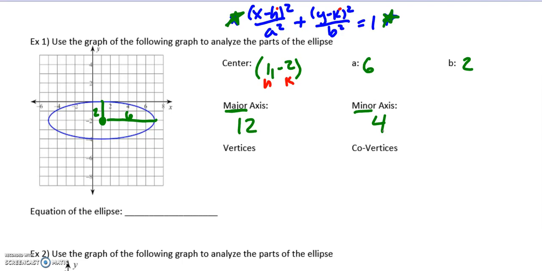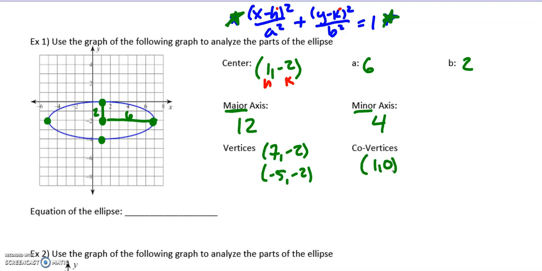I can go through and remember that the vertices are at the end of the major axis. So the vertices are going to be 7, comma, -2 and -5, comma, -2. Whereas my co-vertices are at the end of the minor axis. So that's going to be 1, comma, 0.